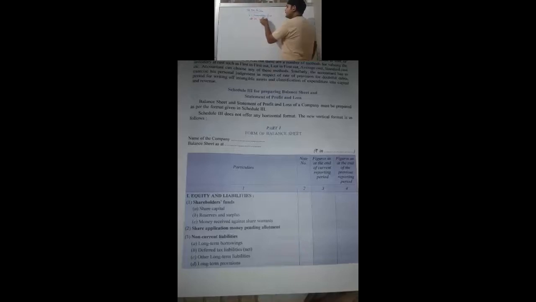The second is reserve and surplus. The third one is money received against share warrants.